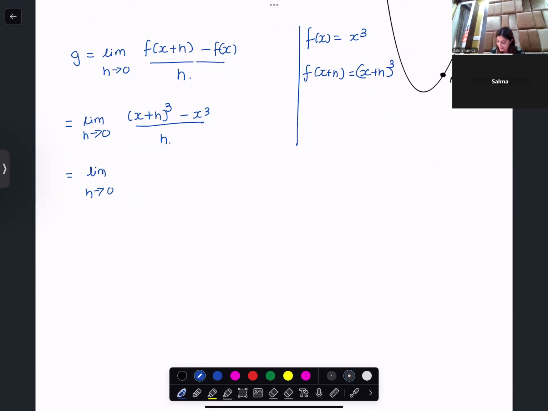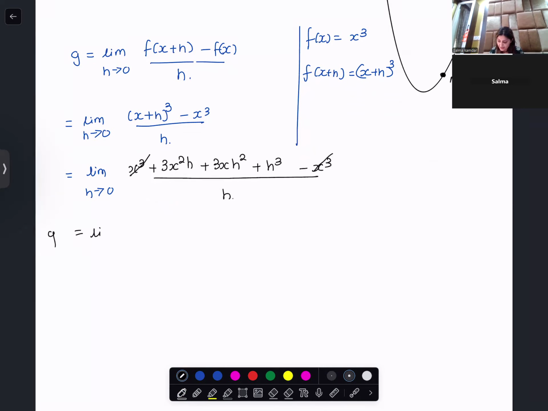If I expand my x plus h the whole cube by binomial expansion, I know that this is equal to x cube plus 3x square h plus 3x h square plus h cube. And I'm going to put this minus x cube over h. I cancel the x cube.